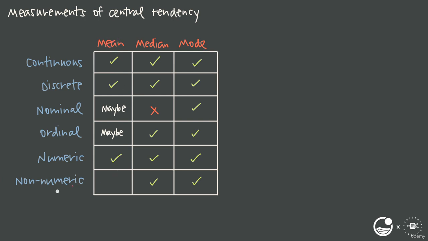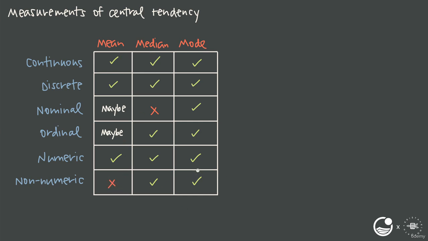That's not going to make sense if we have non-numeric data. We obviously can't find a sum for a data set that isn't numbers. We can't add letters, we can't add animal species, we can't add colors in a mathematical numeric sense. So calculating a mean for non-numeric data just doesn't really make sense.